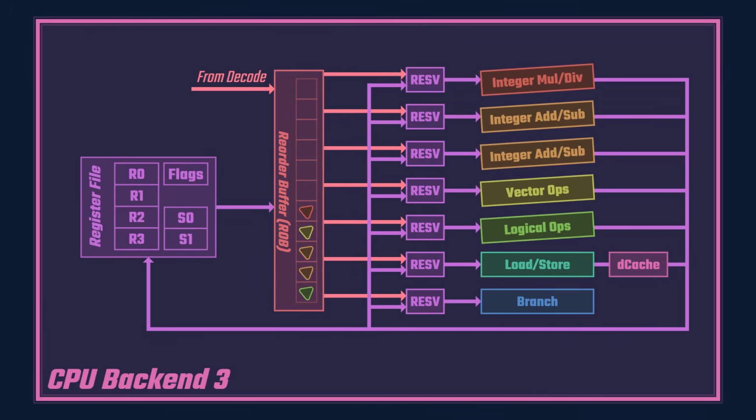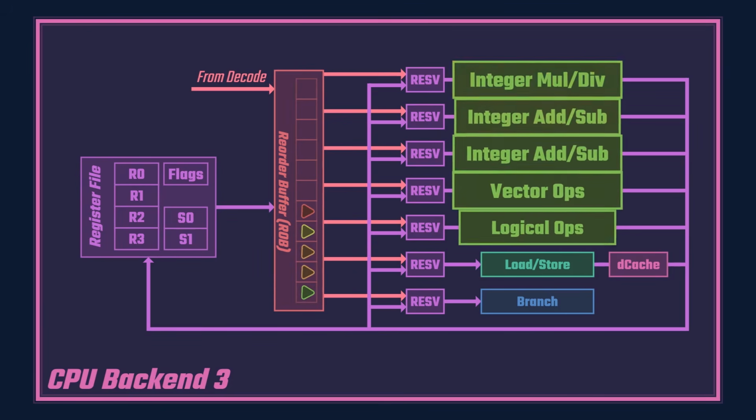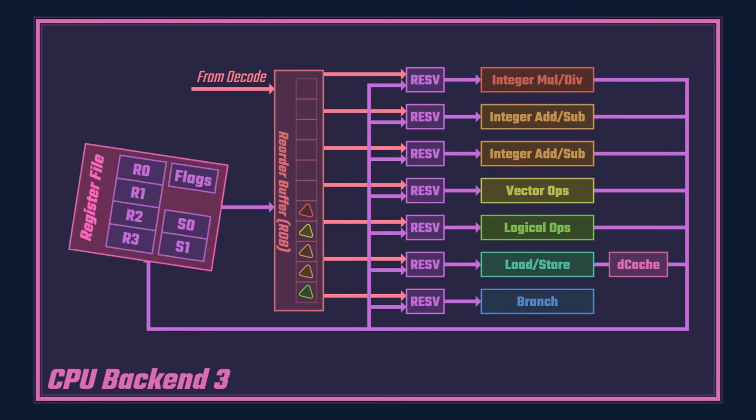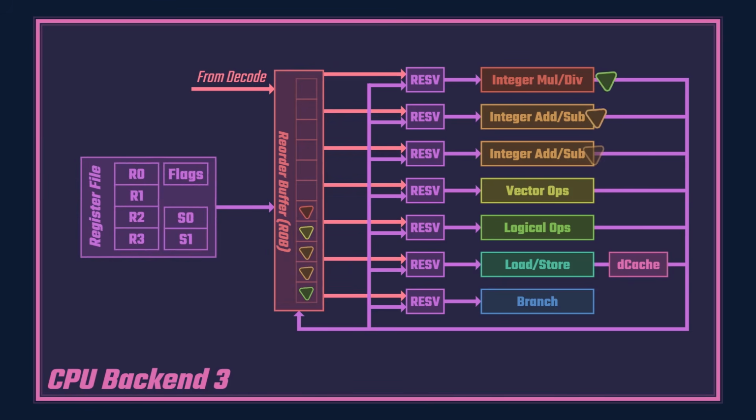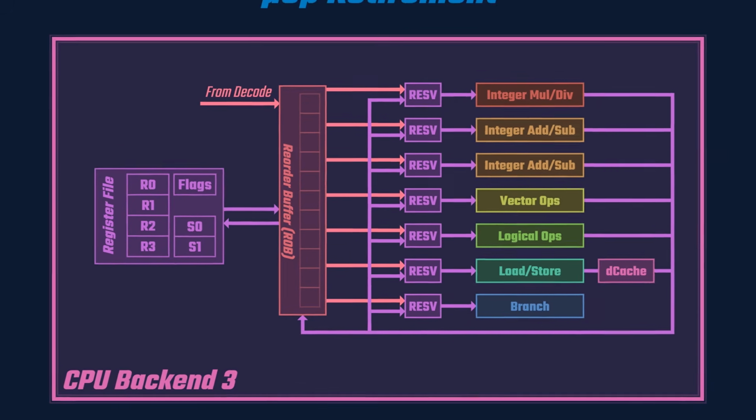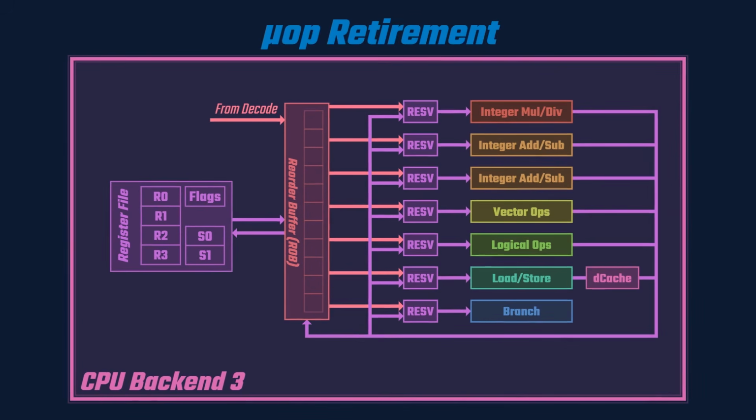When a functional unit wants to write back a value to a register, instead of immediately writing it to the register file, the output goes back to the ROB and is marked as complete in there. Every clock cycle, the ROB checks the front microps or multiple microps, and if they are complete, allows the write to the registers to go through and removes them from the buffer. This final check where microops are removed and changes are applied is called microop retirement.